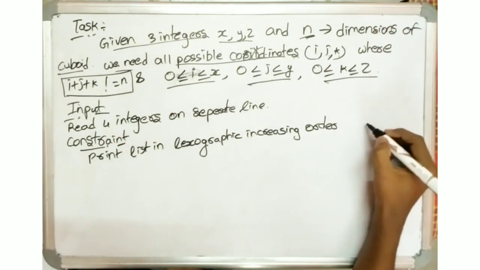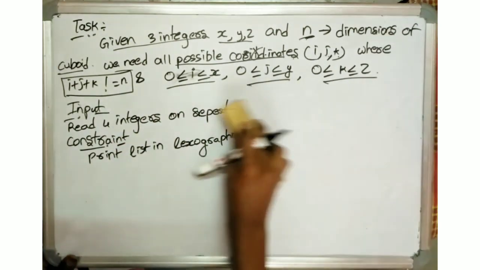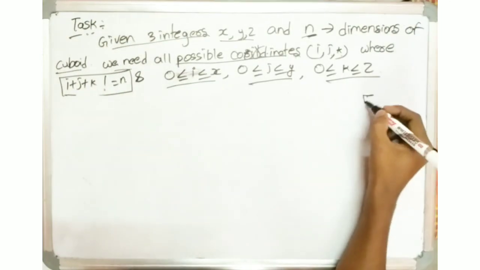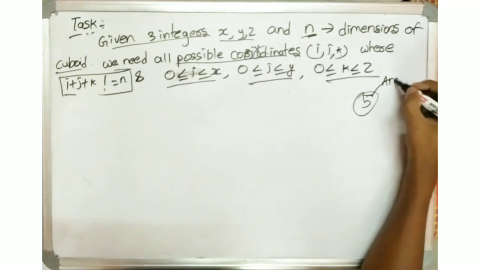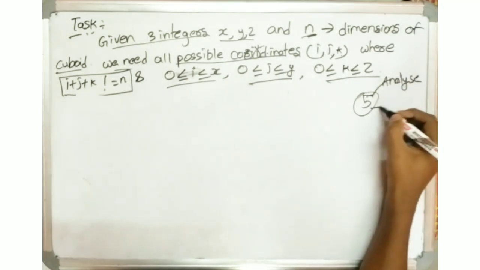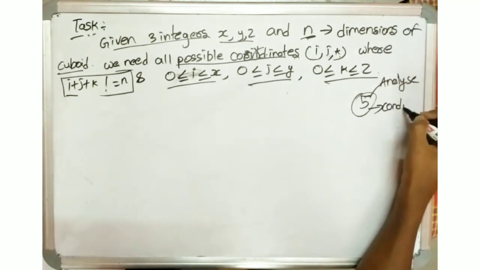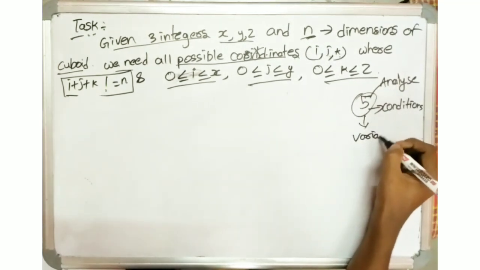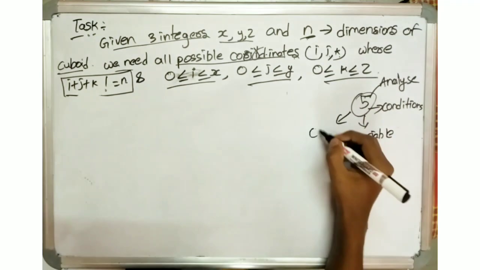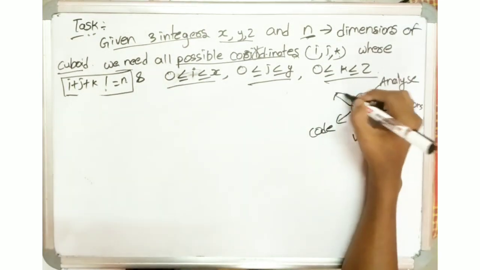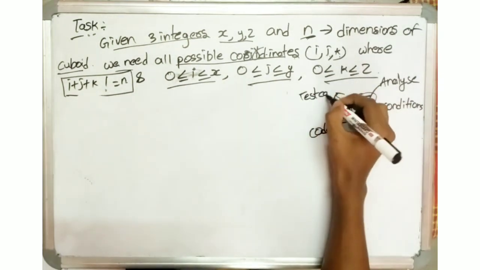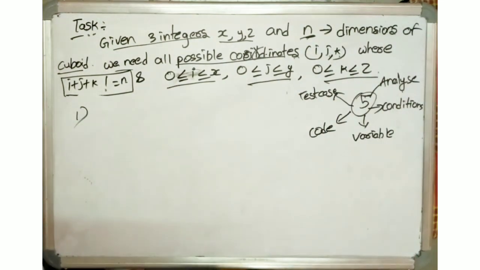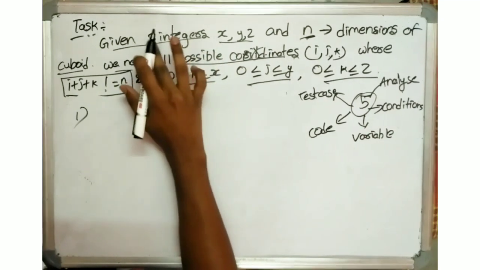Okay, we are going to solve this problem using our 5 steps approach: first one is analyze, second one is conditions, third one is variables, then code implementation, and test cases. First one is analyze. In the first phase, we analyze what we understood from the question.